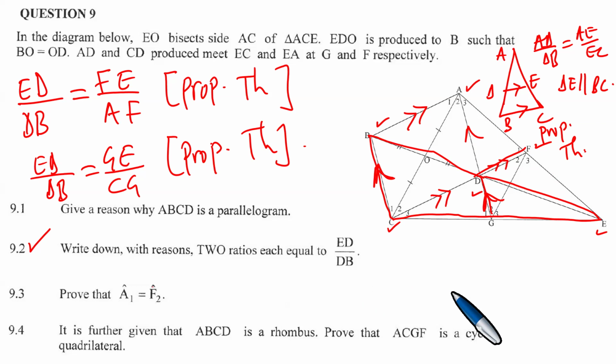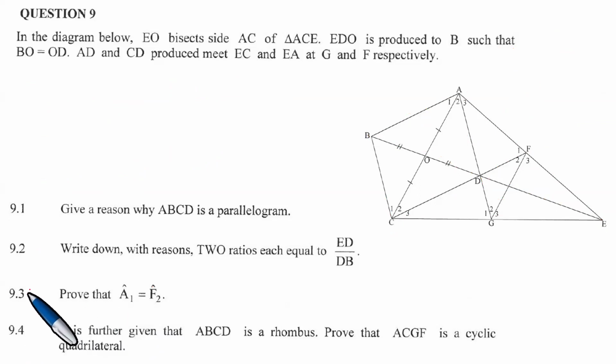Next we need to look at 9.3 now. Prove that angle A1 is equal to angle F2.